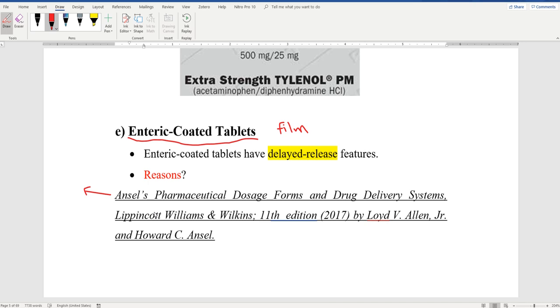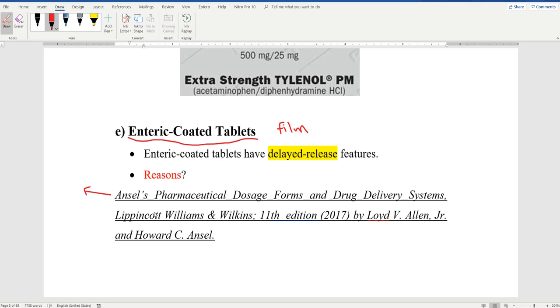Many people, especially with heart conditions, take aspirin. And one of the problems of aspirin is that it irritates the stomach. So instead of aspirin being released in the stomach, I want it to be released in the intestine. This is one: a drug irritating the stomach.